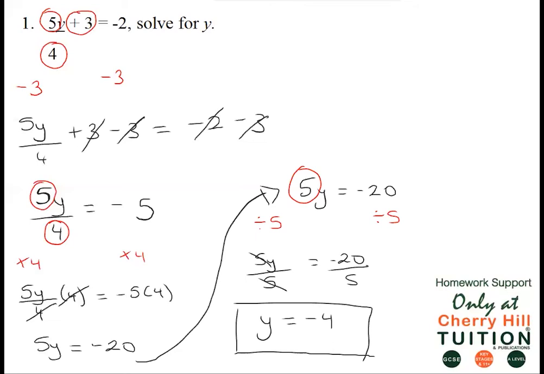So a clever way to check if your answer is correct is by substituting your unknown back into the equation, and the left-hand side must be true to the right-hand side. So let's try this.